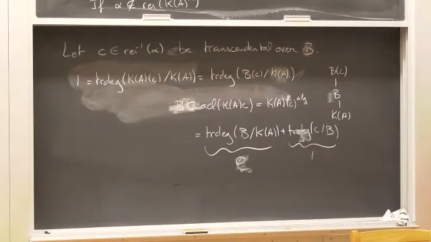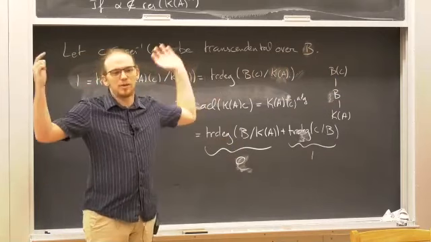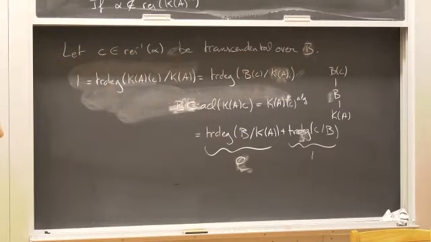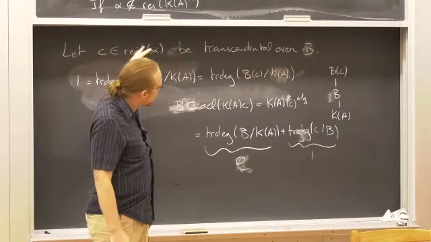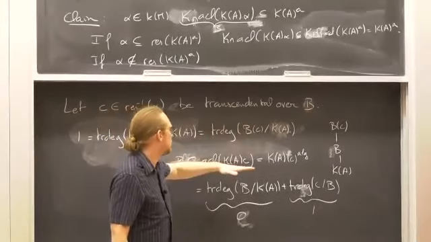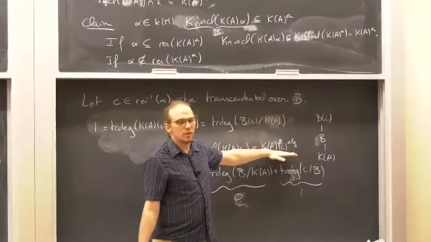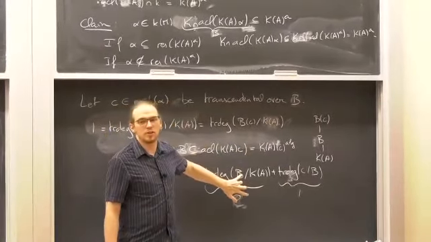Sorry, this was a bit. Essentially, I'm just using the exchange property for ACL in ACF, or strong minimality or whatever you want to call it. So I lift the most generically possible. I know that this only gives me new algebraic points. And since I've already added one transcendental element, there can't be any transcendental element here.